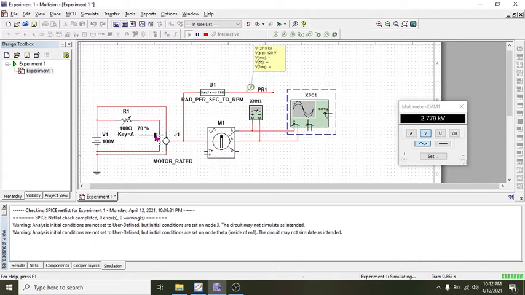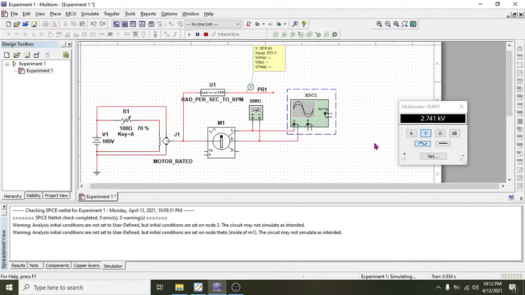You notice that the values for the speed and the output voltage change.